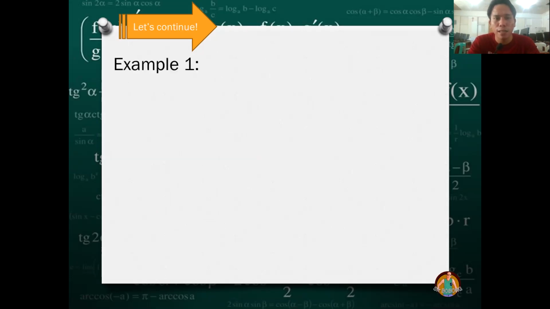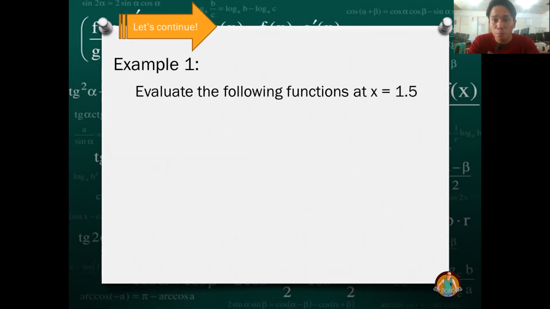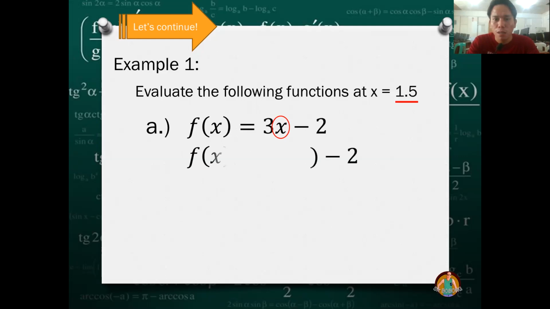Sa module natin, example number 1: evaluate the following functions at x is equal to 1.5. So 1.5 yung value. Let's have the equation A. f of x is equal to 3x minus 2. So si x, papalitan daw natin ng 1.5. Let's substitute x is equal to 1.5.